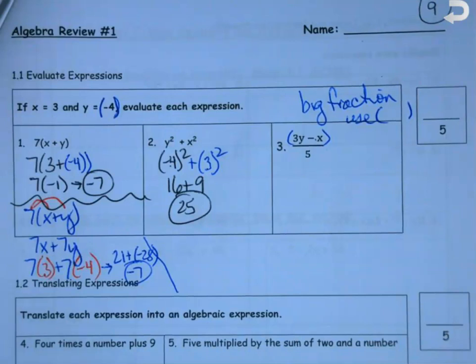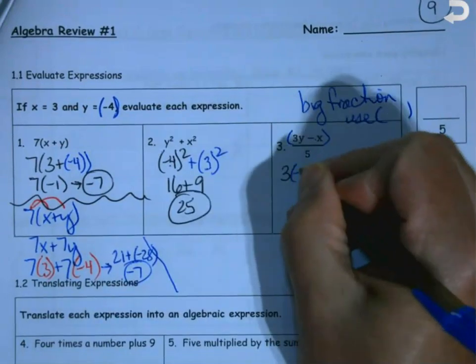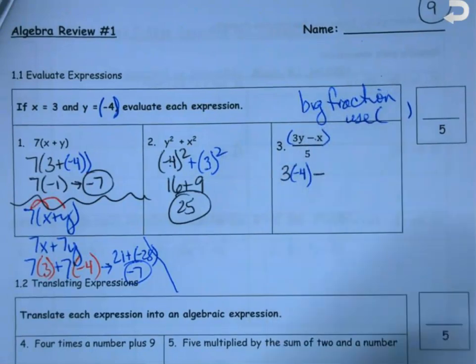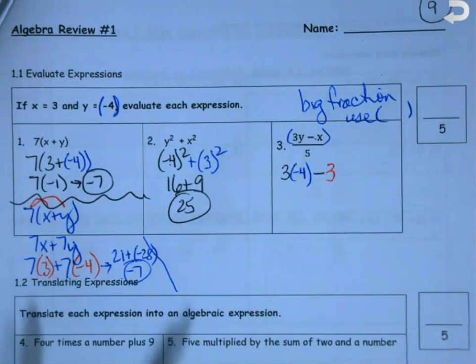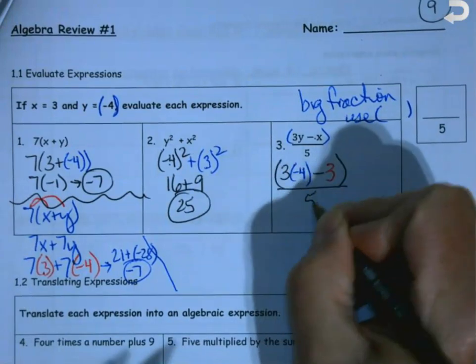So we have got 3 times our y value minus our x in parentheses. Wow, parentheses are us.